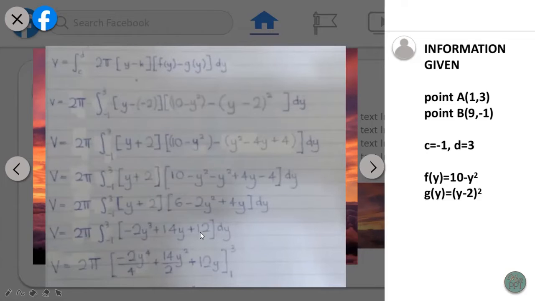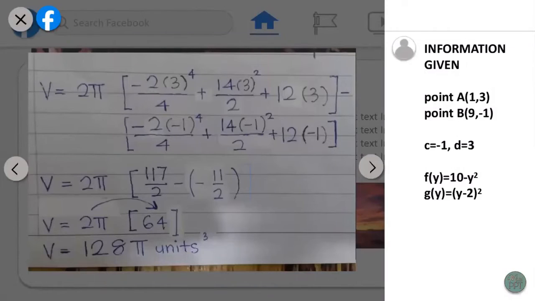And then 12 will become 12y. So we will substitute the upper bound and lower bound. And then the answer is 128 per unit cube.